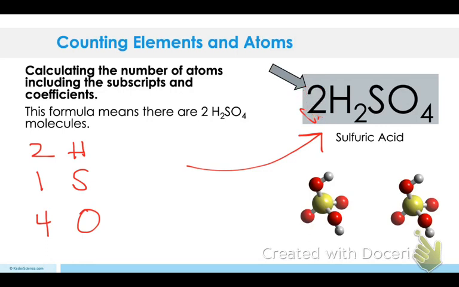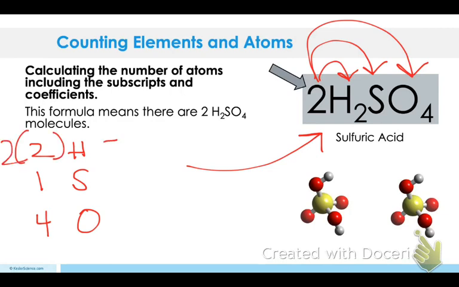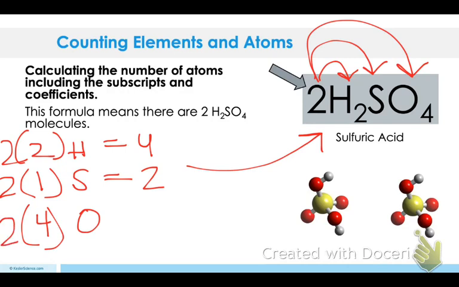Okay, now I'm going to erase that 2 that I just hid and distribute that 2, basically multiplying it by all the atoms that I currently have. So I have 2 times 2 equals 4. I have 1 times 2 equals 2. And I have 2 times 4 equals 8. Alright, basic math here. I'm adding down. 8 plus 2, 10. 10 plus 4, 14.